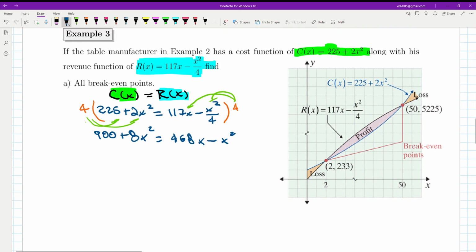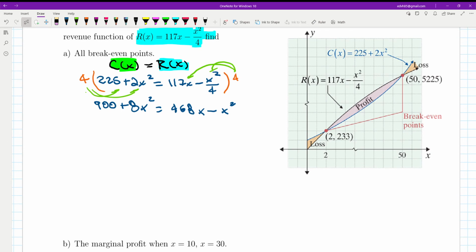Of course, because we have a quadratic equation, you might want to have everything on one side of the equation. We manage that by adding x squared to both sides and subtracting 468x from both sides.